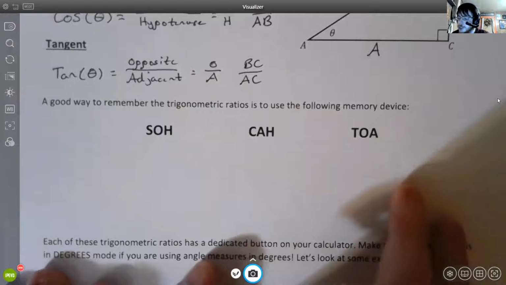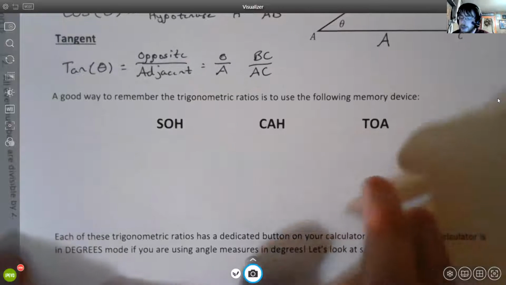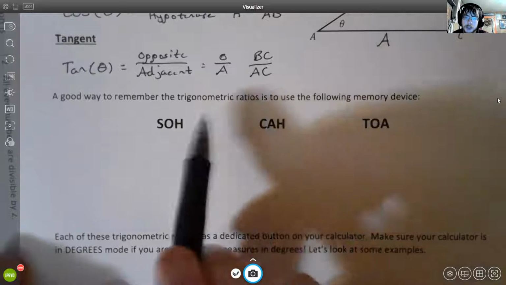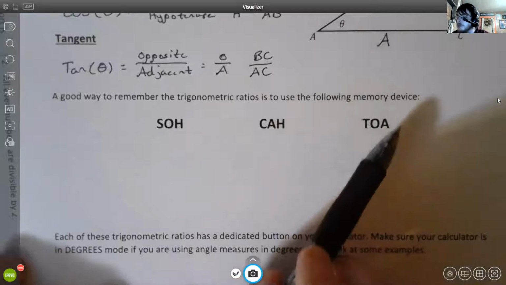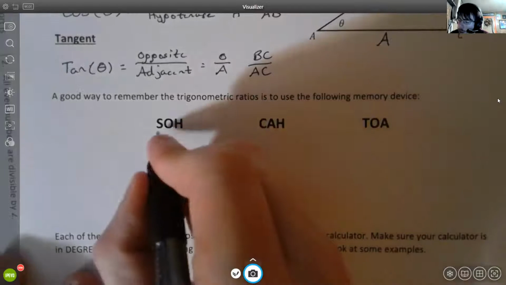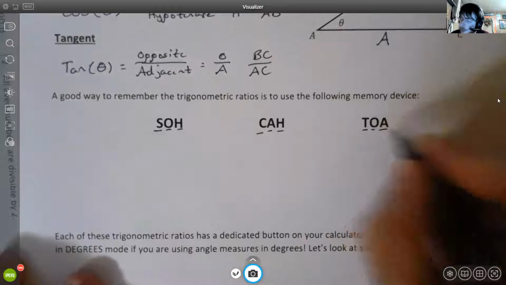Now, there's a bunch of sayings that go for this. You can look up the sayings if you want to for SOHCAHTOA. I discussed one of them in class. But just know that you're taking each letter from SOHCAHTOA, and it stands for something.